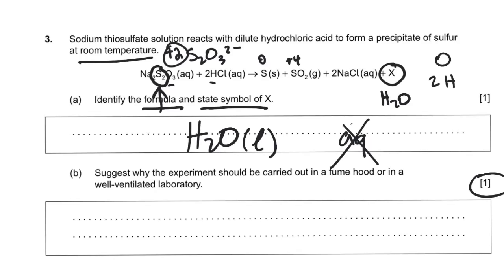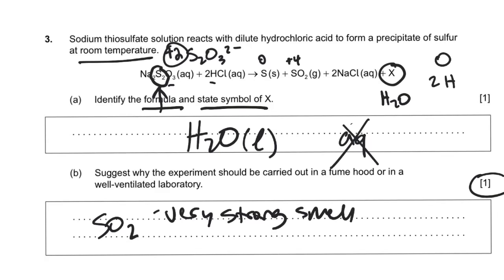The key is to know that SO2 has a very strong smell. It's toxic, or you could also say that it's harmful. If you write down one of these 3 things, that's going to give you that point.